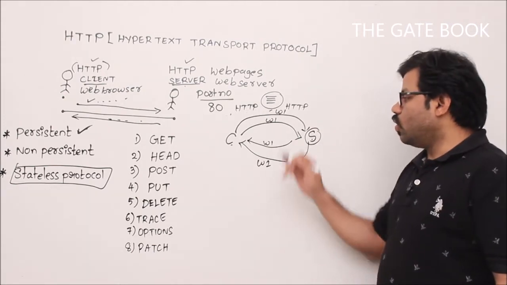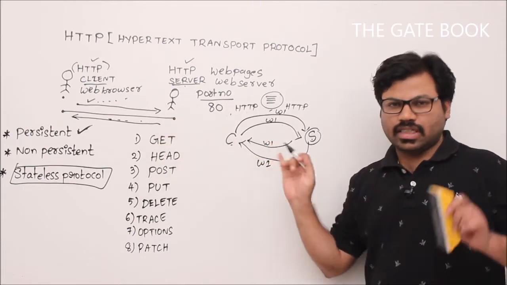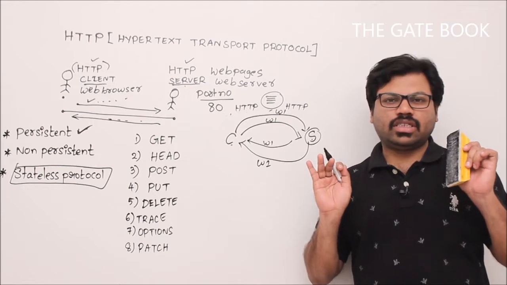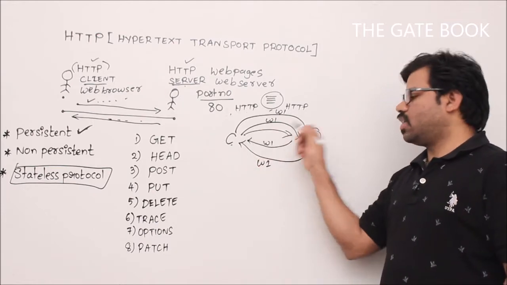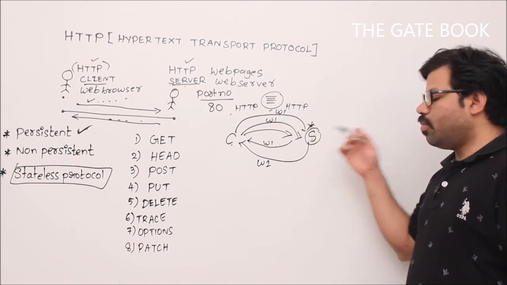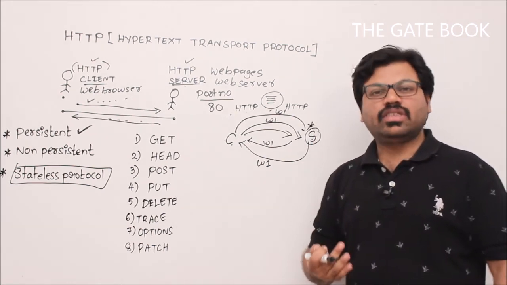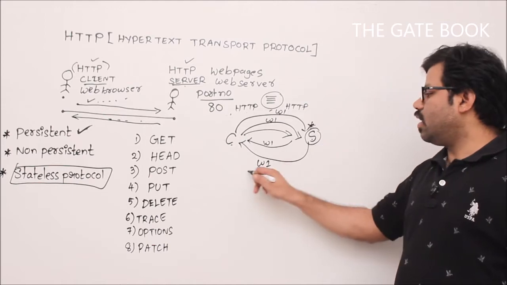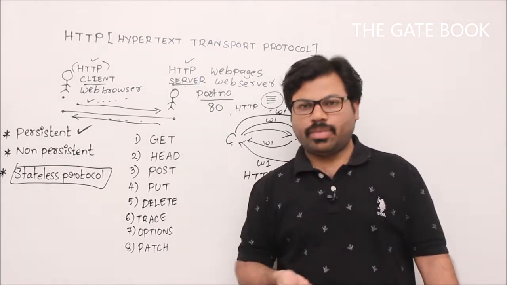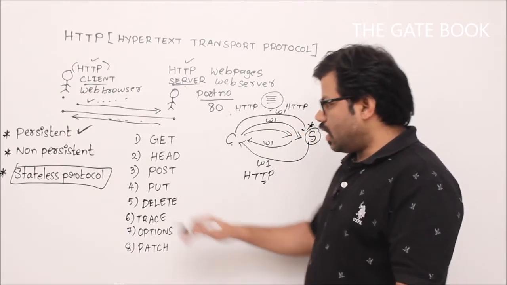Whether it is persistent or non-persistent doesn't matter, everything is the same. The server thinks, that is not my business. Any number of times let him ask, I will give him. So the server won't remember the previous history or data. That's why HTTP is called a stateless protocol. Here the server won't remember the previous information. That's it. That is about stateless protocol.